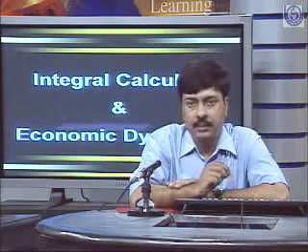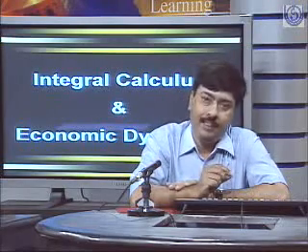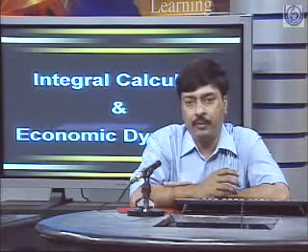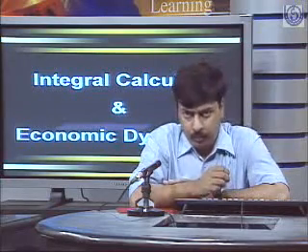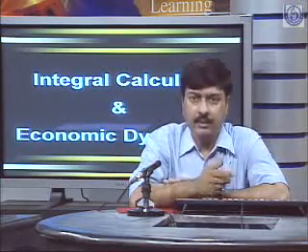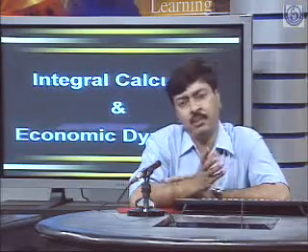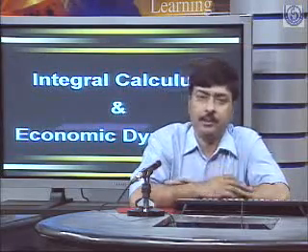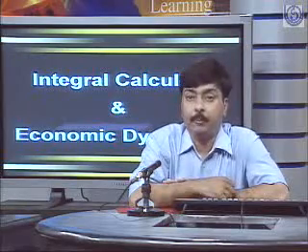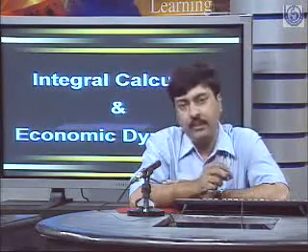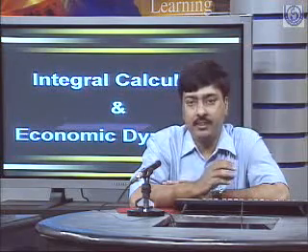As time changes, say from T1 to T2, the stock of capital increases, say from K1 to K2. Now what has happened is the increase in capital is K2 minus K1. Let us call it delta K. You know delta is often used as a symbol for change. Then delta K by the change in time, which is T2 minus T1.